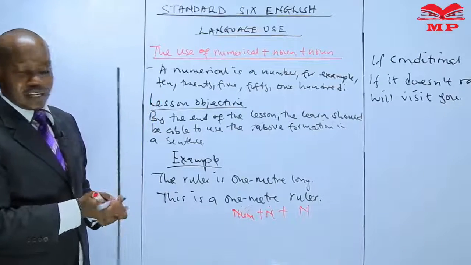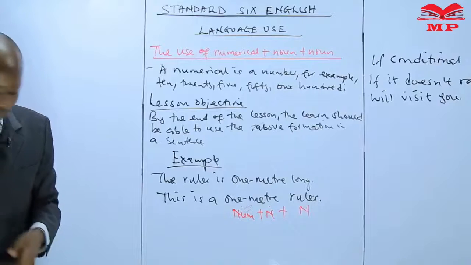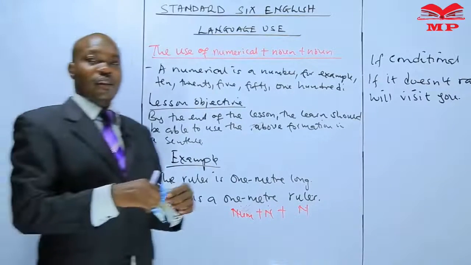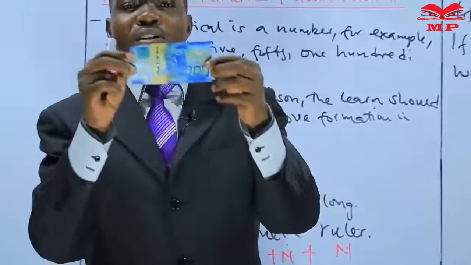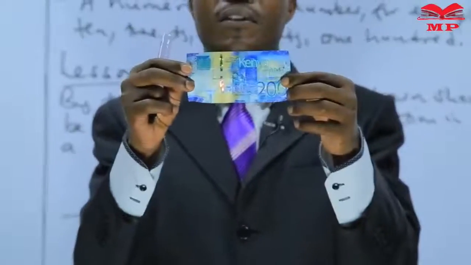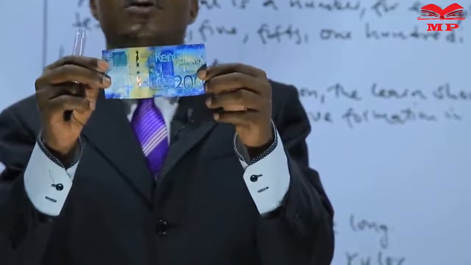Let me give you a second example. I have some money with me. Look at this amount of money. How much is this? What's the worth of this? So this note is worth 200 shillings.